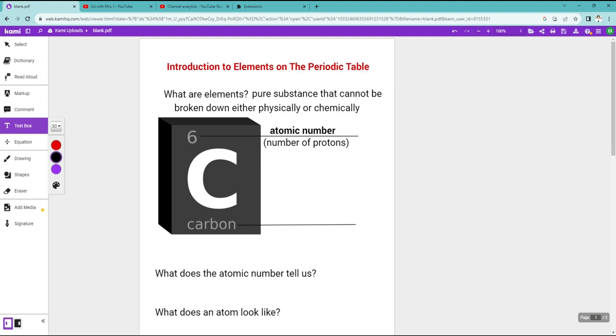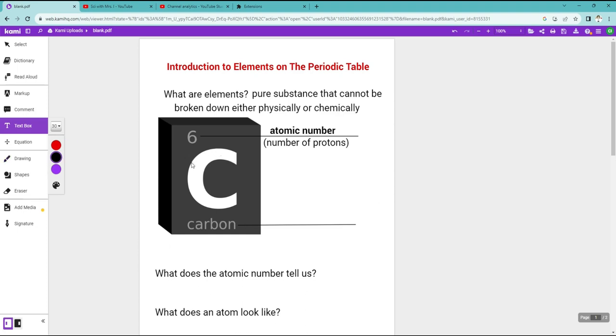Often when these elements combine to form compounds, sometimes they will no longer be neutral, and that's when that can change. So there are some conditions on when it will also be the number of electrons. But for now, we're just going to stick with the number of protons, because that's the one that we know for sure is not going to change.